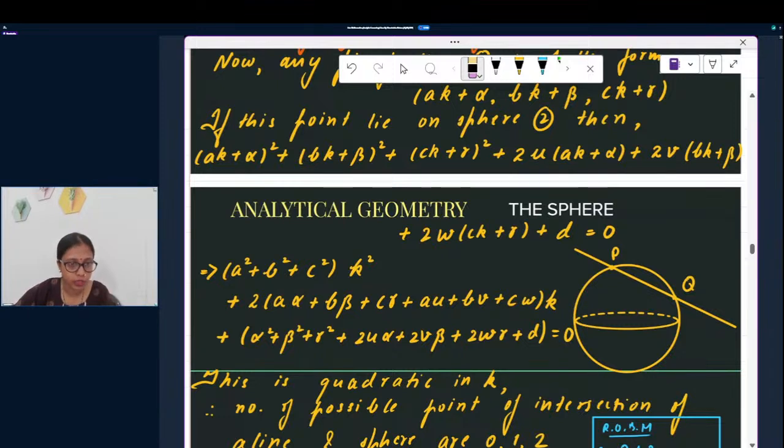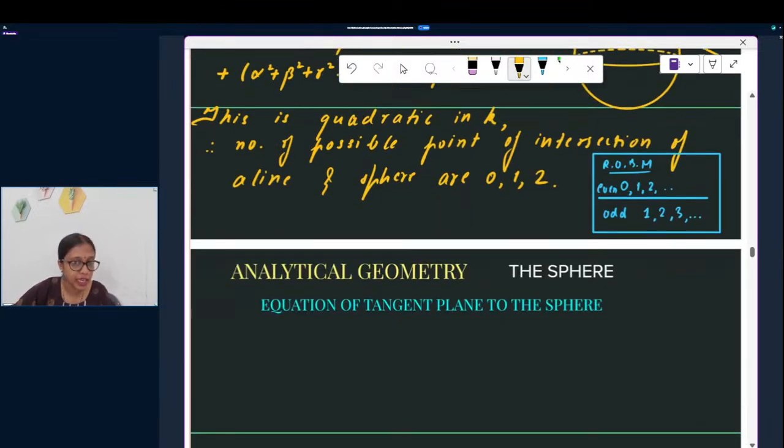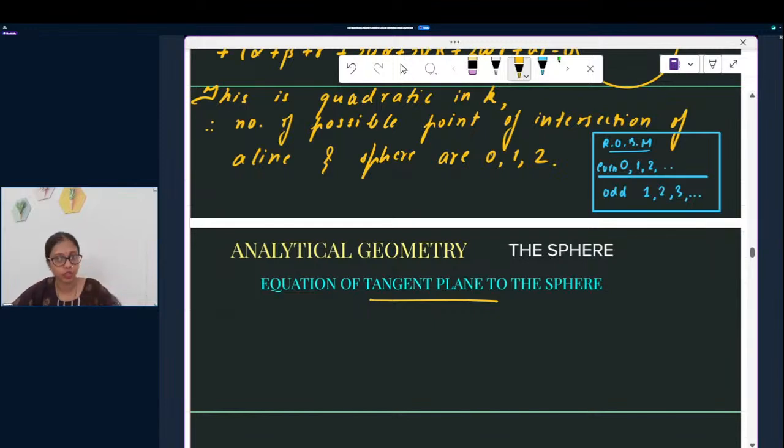Can I take a point on the line and on the sphere? This is only possible if my line intersects the sphere at either one or two points. If it has no intersection, then I cannot assume it. Because I'm talking about a tangent line, I know that there is a point of intersection.